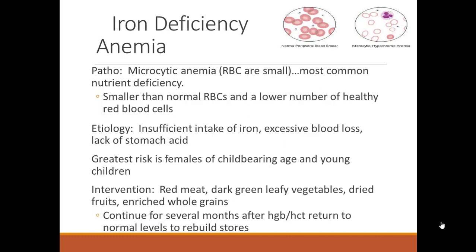For interventions, we need to educate them on the importance of eating things like red meat, because it's very high in iron. Dark green leafy vegetables and dried fruits have a high iron level. Enriched whole grains have a higher level.